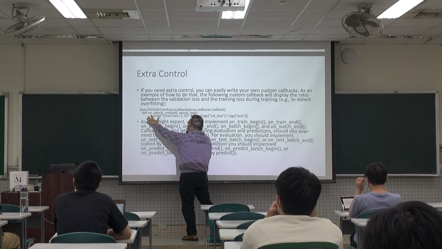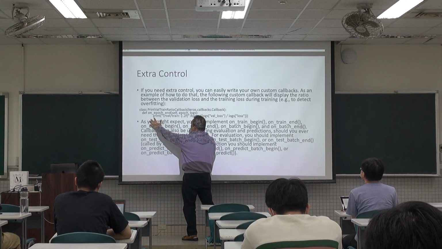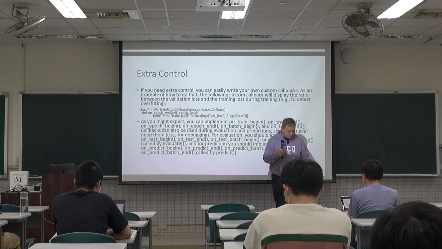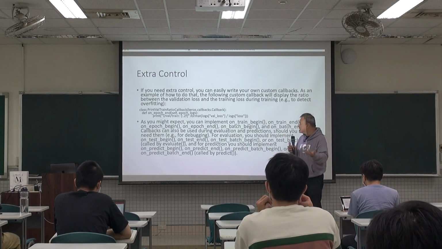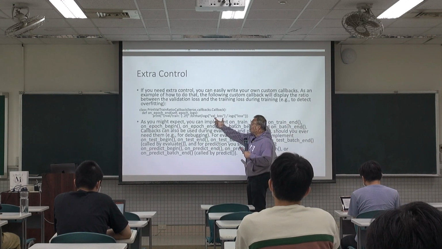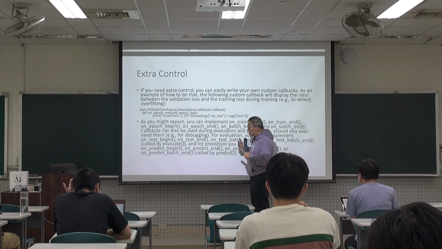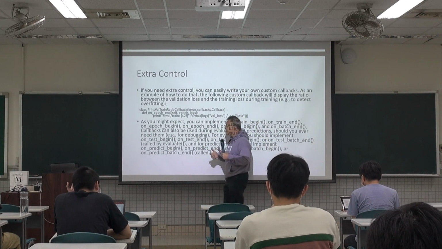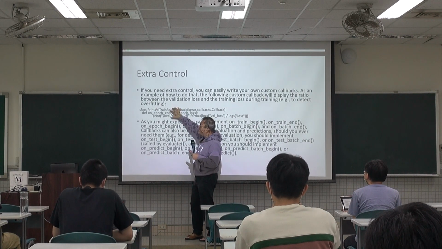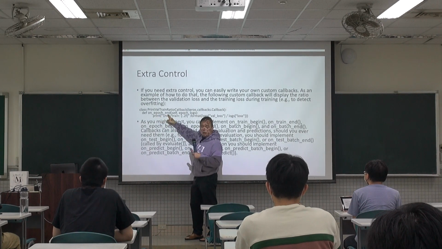So this is at the end of the epoch, and you want to print this value. This value sometimes can help you observe the training progress, because it prints out the validation loss for you, pretty much. So you can see that if you include this callback, this statement will be executed at the end of the epoch.